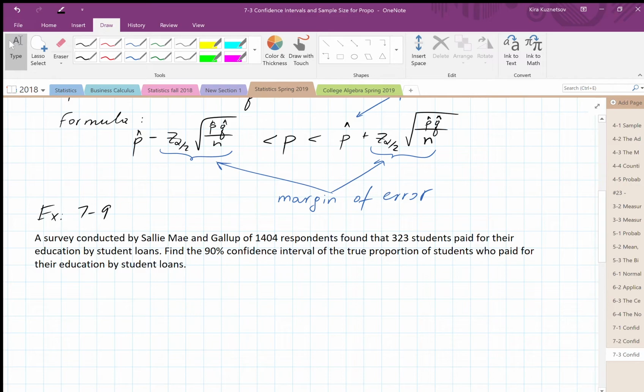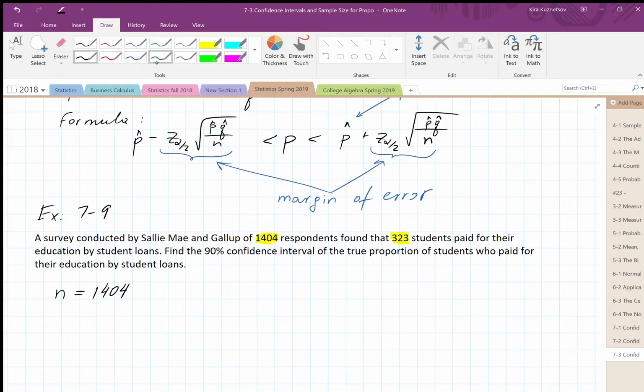Find the 90% confidence interval of the true proportion of students who paid for their education by student loans. So what we are given is some very important information. They gave me the number of people that they surveyed. What they also gave me is the number of people who said yes to my question.